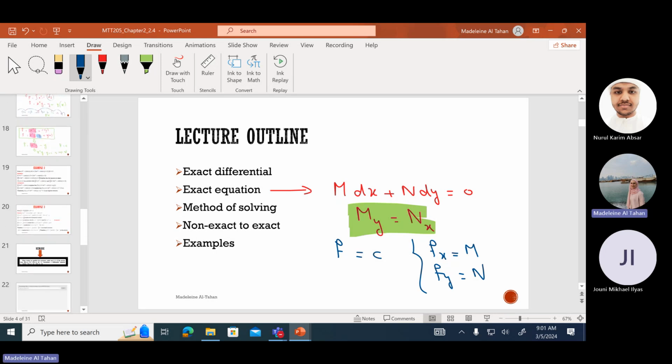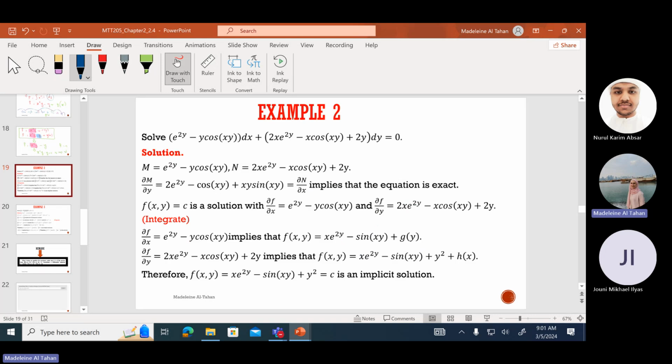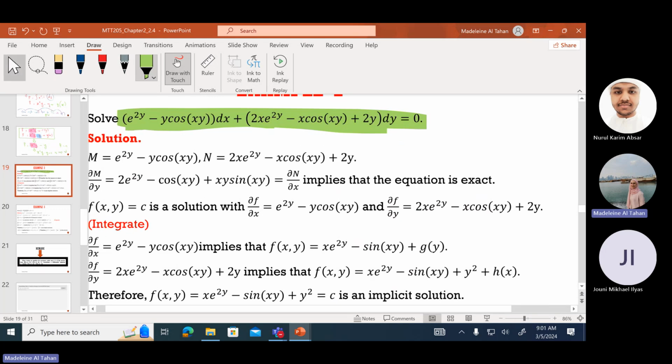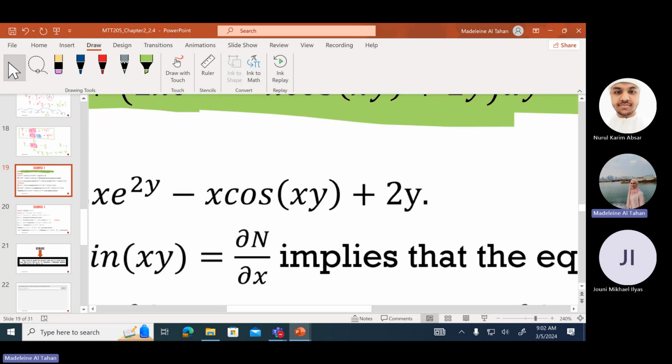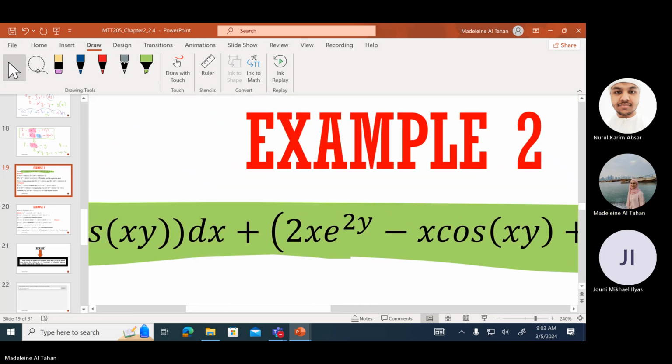Okay, so let's solve this example. I will zoom in. Start with it, revising the ideas of exact differential equations.